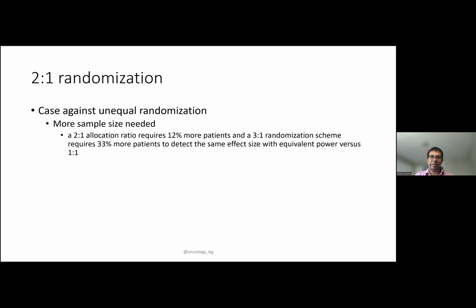A 3:1 randomization requires 33% more patients than 1:1. So these are not efficient methods. And obviously, if you want to stay with the same sample size, then you are losing power. If you are increasing the sample size, then you need more resources. The trial becomes more expensive.